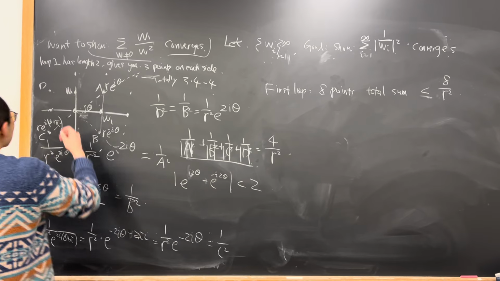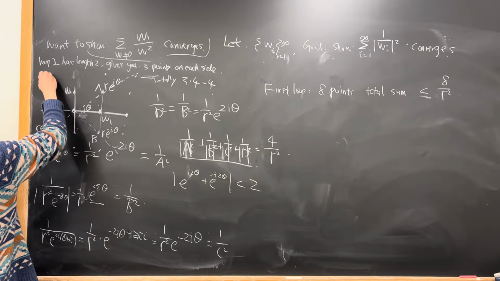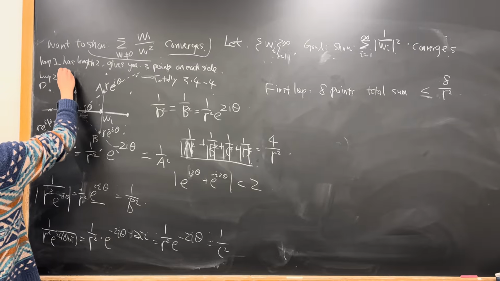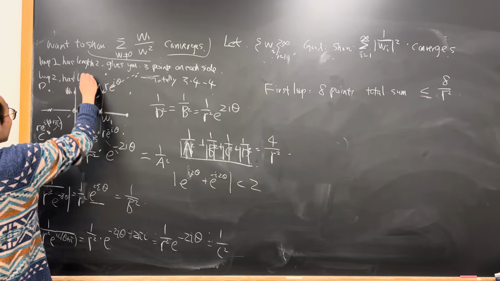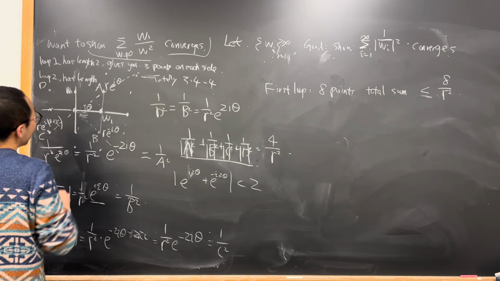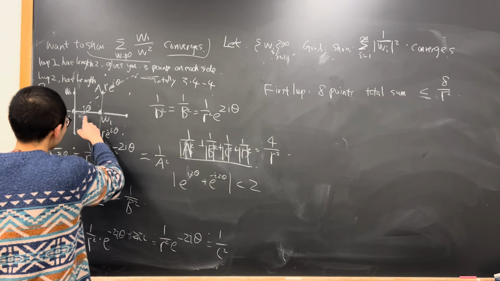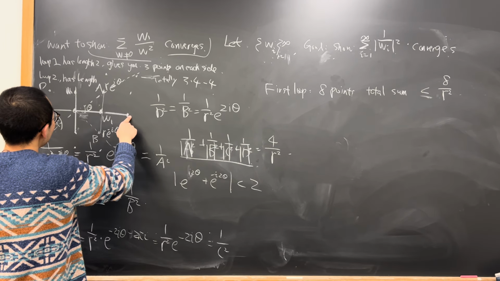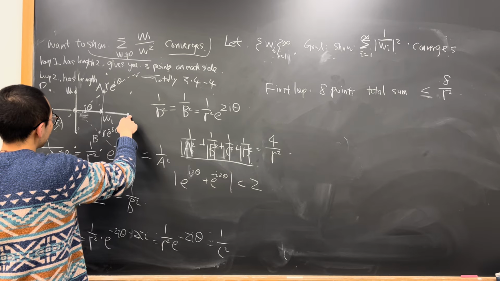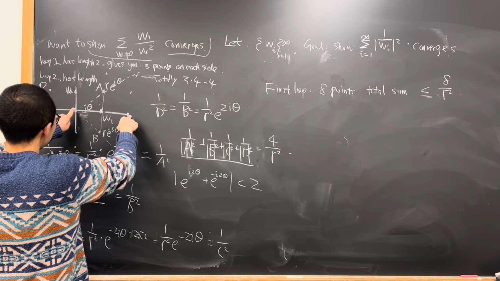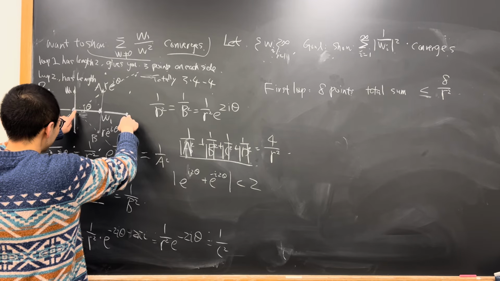Okay, so then you have the loop 2 has length, what? So loop 2, basically it has length double, right?